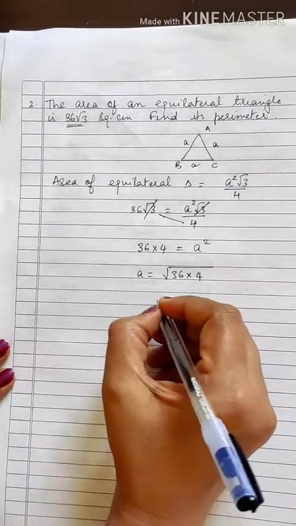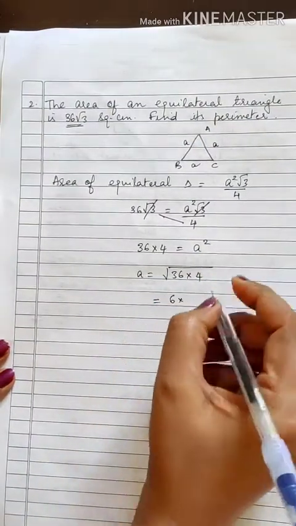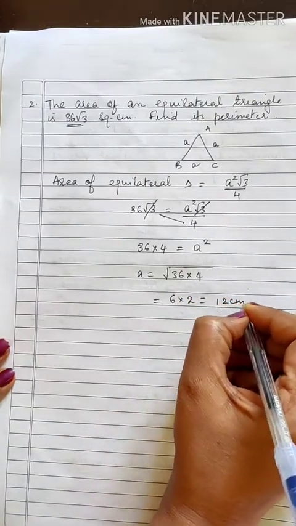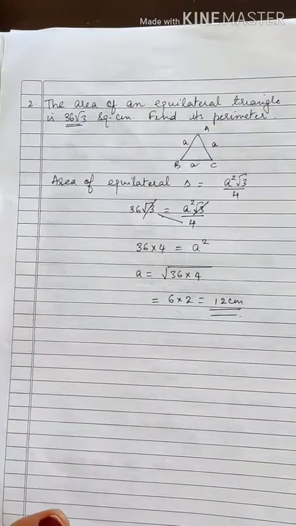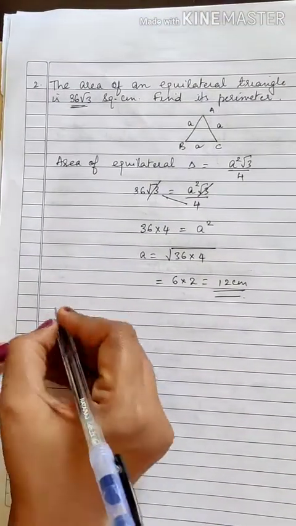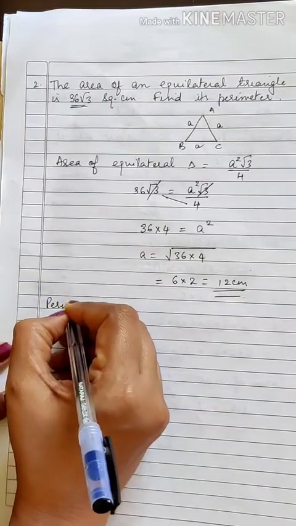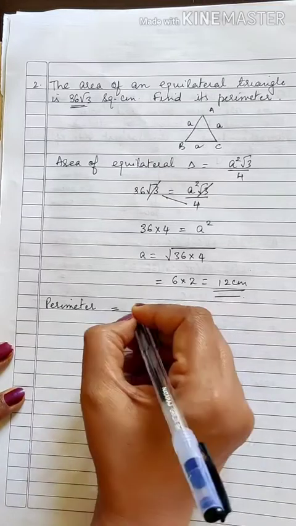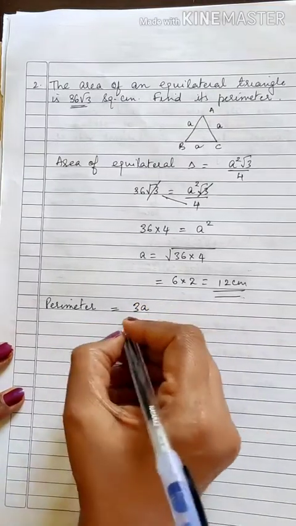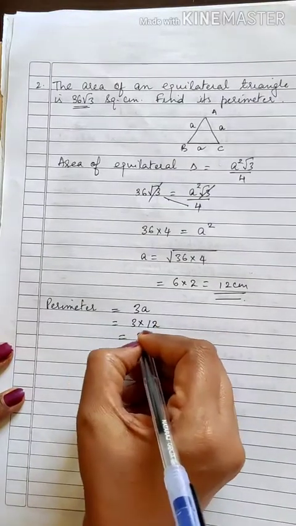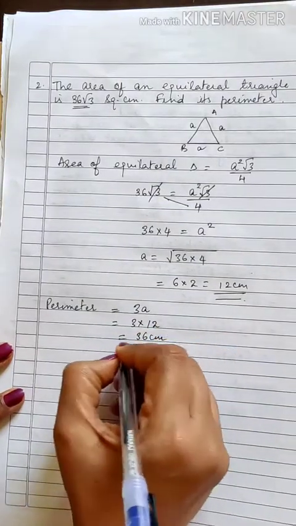The square root of 36 is 6 and the square root of 4 is 2, which will give you 12 centimeter. So first we find the side of the equilateral triangle, then we find the perimeter of the same triangle. Perimeter will be given as 3A. So 3 into 12, which is equal to 36 centimeter.